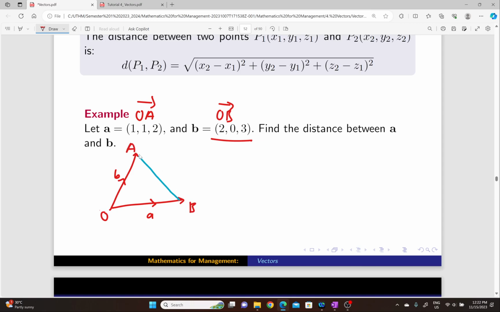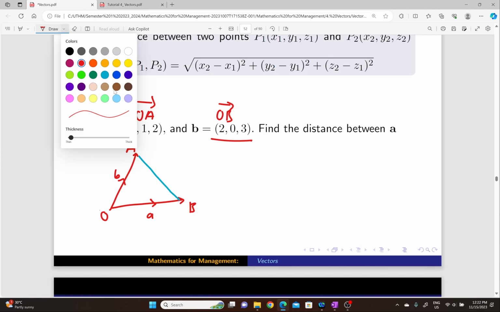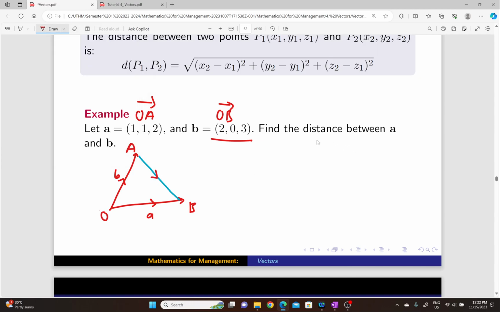So basically you are finding the distance between A and B. It can be in this direction or in this direction, both directions okay. So how to find the distance? Use this formula here.